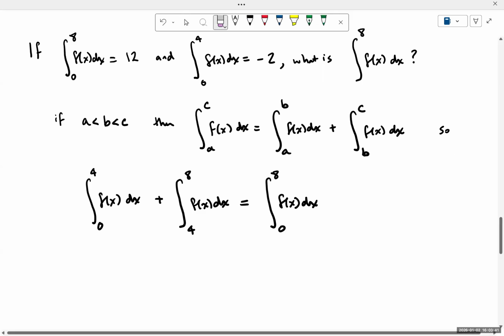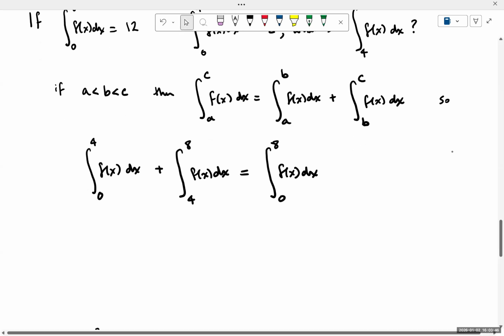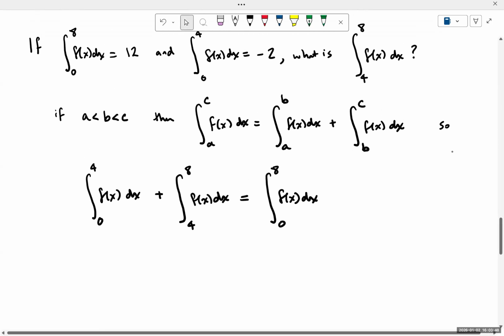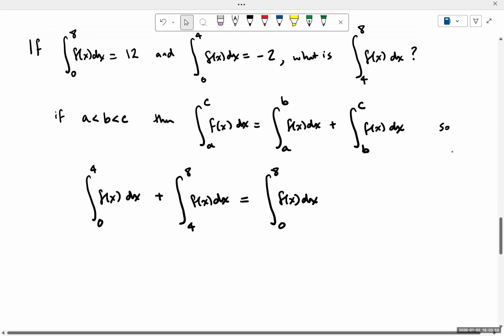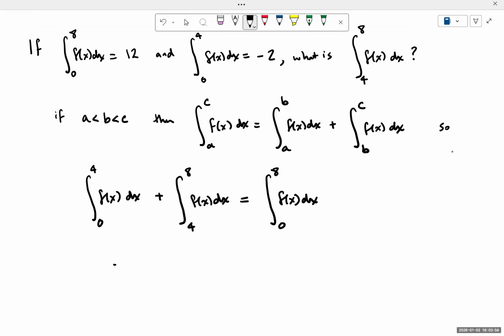Okay. So now what we're trying to solve for is 4 to 8. We know 0 to 4. I can just put in what I know. This was -2. This is what we're trying to solve for.